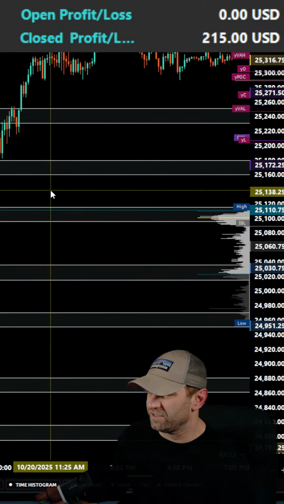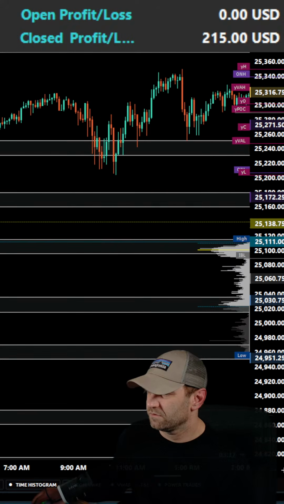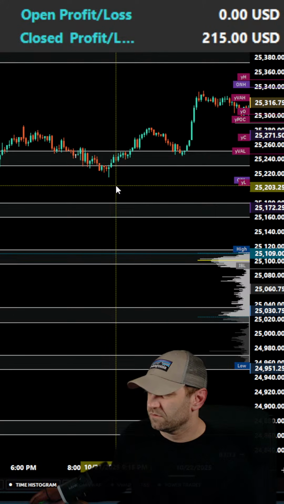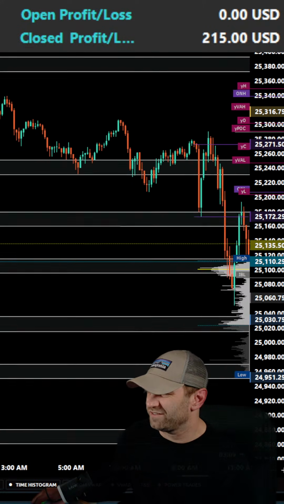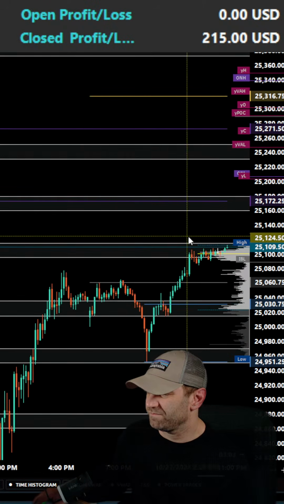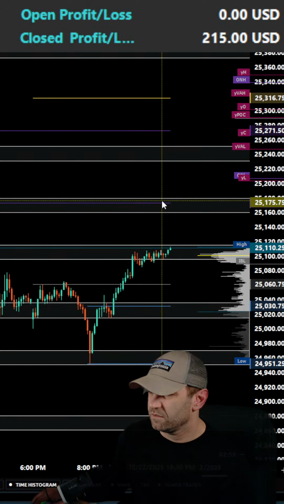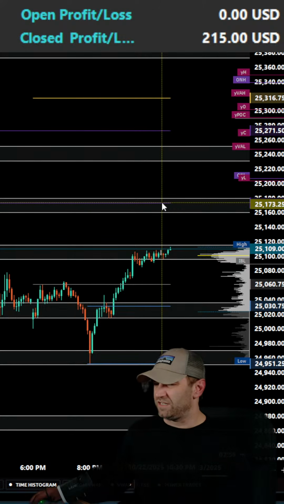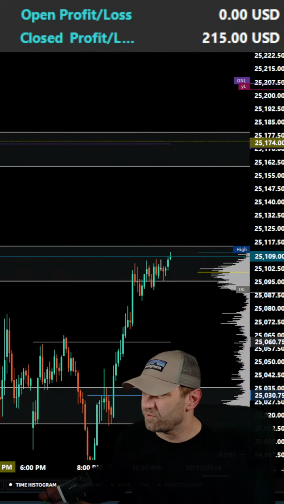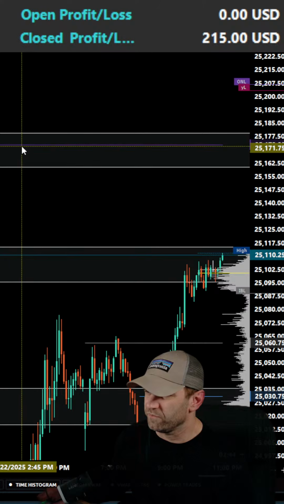But we're kind of getting above everything. Kind of straight up through here. Psych level 200 looks interesting. Yeah, we're kind of getting that point where it could get kind of aggressive up into 173, it looks like. Is that right? I mean, this purple line that you see here is opening range New York low from this morning.